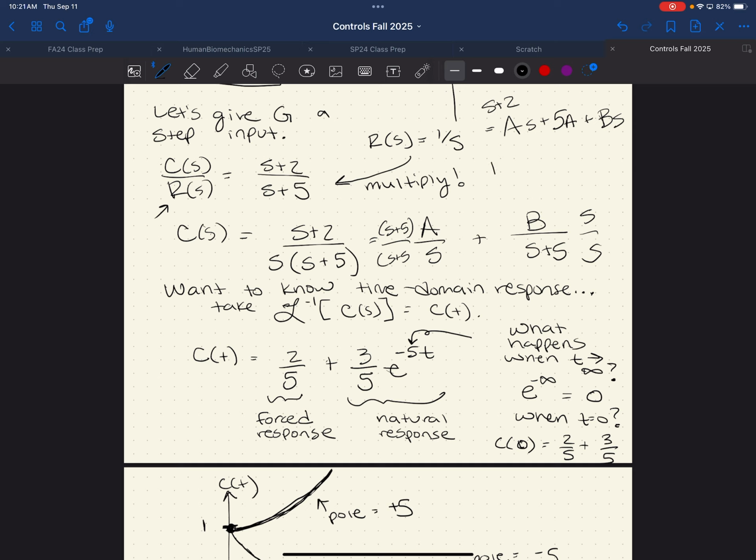So 1 equals A plus B, and 2 equals 5A. Is that right? Yes. So A is 2/5, so B has to be 3/5.